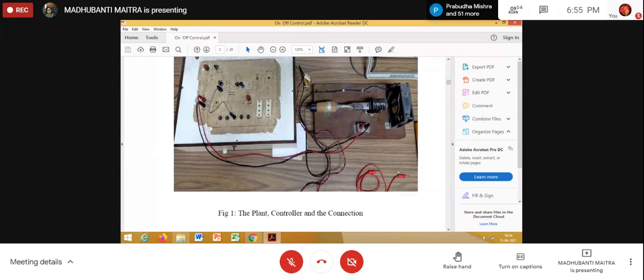One is for the heater, the other one is for the fan. So in the closed loop configuration, we'll connect these two plugs, one in this heater socket, the other one in this particular socket. So this one is for the heater, this one is for the fan.